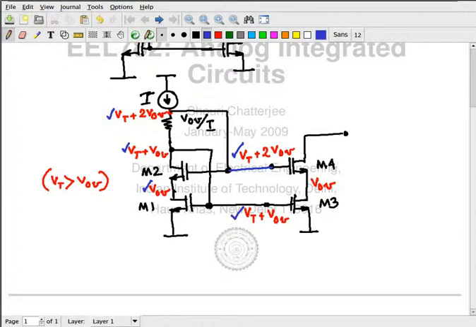Drain, gate and source of M3 are also at exactly the same voltages. So the current through M1 is going to be precisely equal to the current through M3. Okay? This is the reason why we prefer this. Fine?